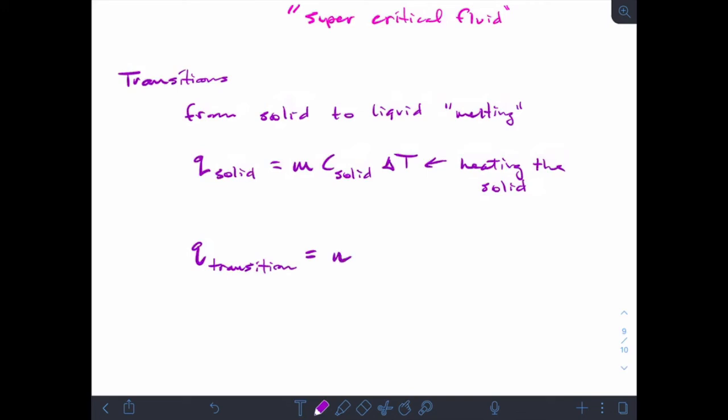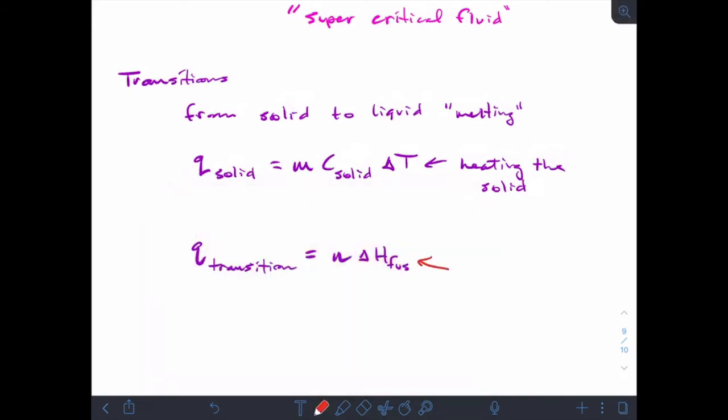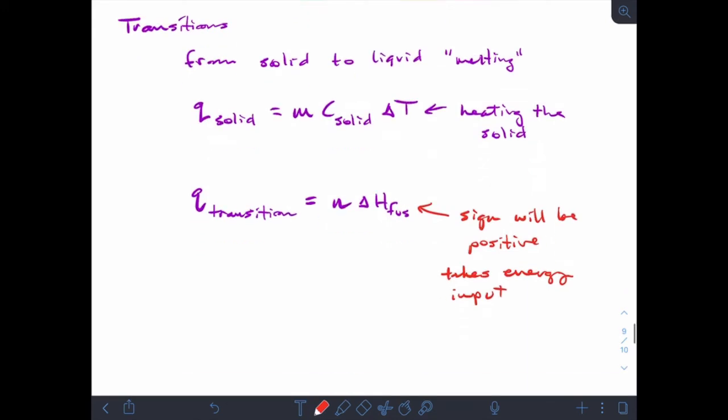And Q of the transition is moles times delta H of fusion. Right? And at delta H of fusion, the sign will be positive. Okay? Because it takes energy to melt. Right? In order to melt something, we have to put energy in, right?